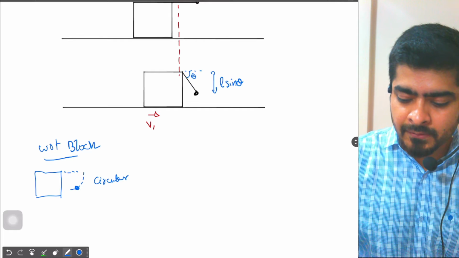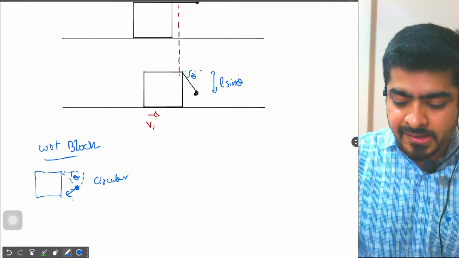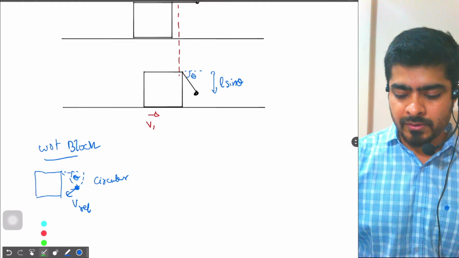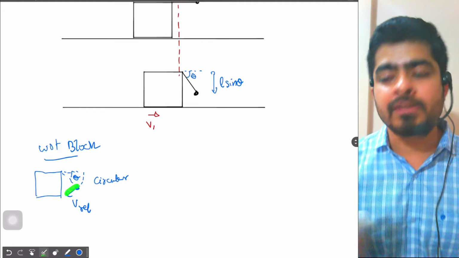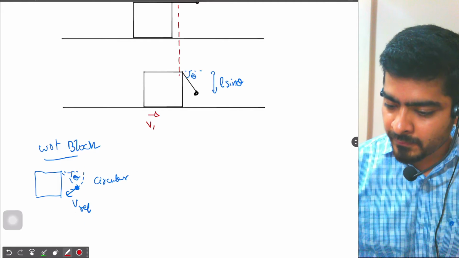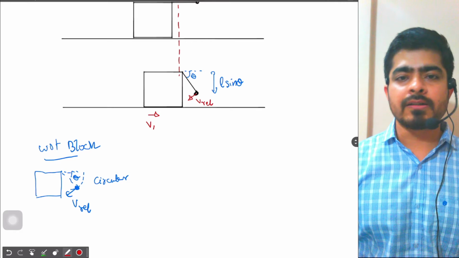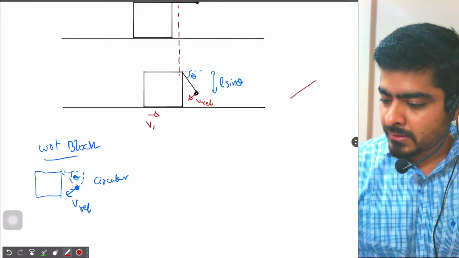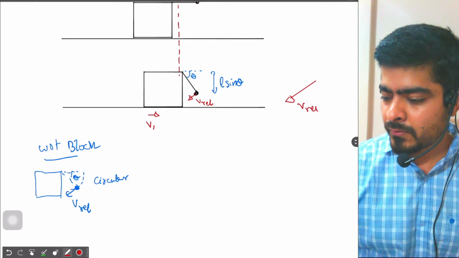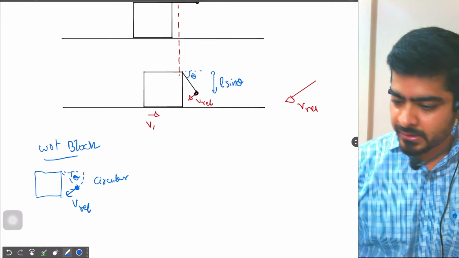So when the particle is at angle theta, the particle has relative velocity v relative. This is the velocity of the particle with respect to block. So the velocity of particle with respect to block v relative will be like this. Okay, and I'll draw a magnified version of v relative. It will be making angle theta with the vertical.